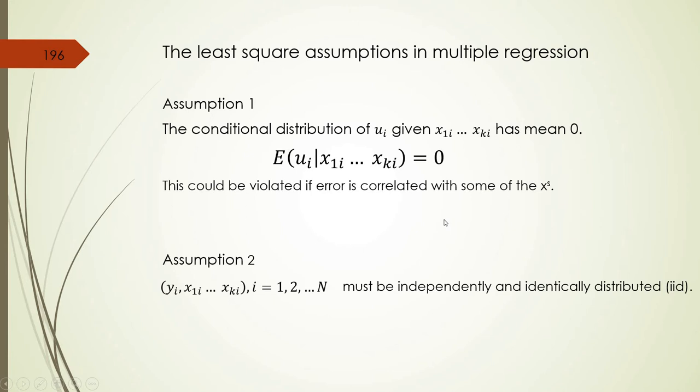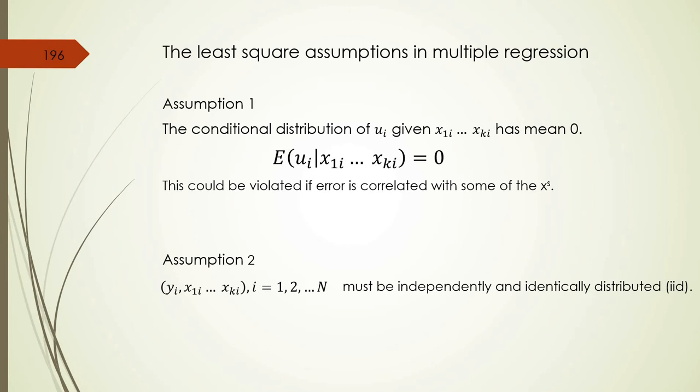Second assumption is about independently and identically distributed data. So we need to have some kind of randomization in our data in order to get a true model. So for example, when it comes to districts of California, out of all the districts in California, you cannot put in your model only the richest districts or only the poorest districts. You need to have the same variations in your sample as in the true population.